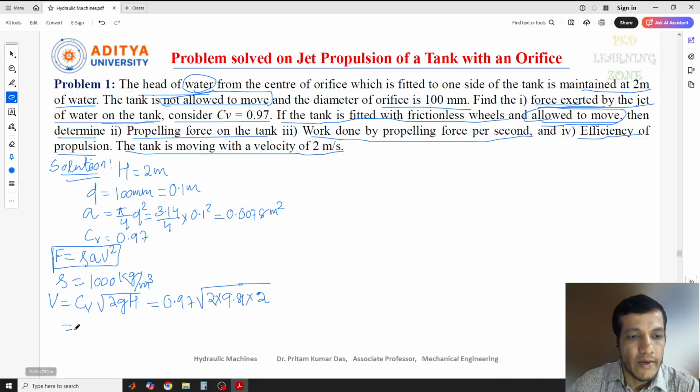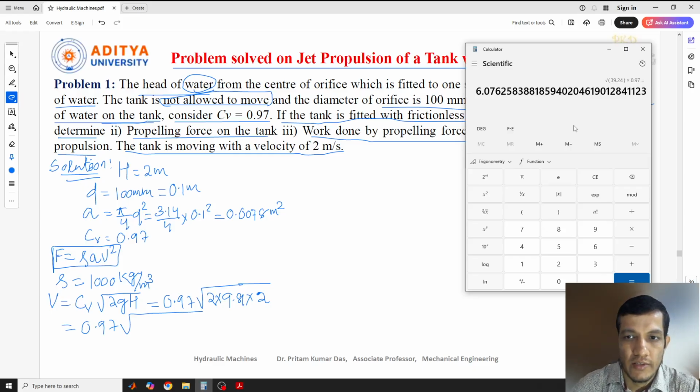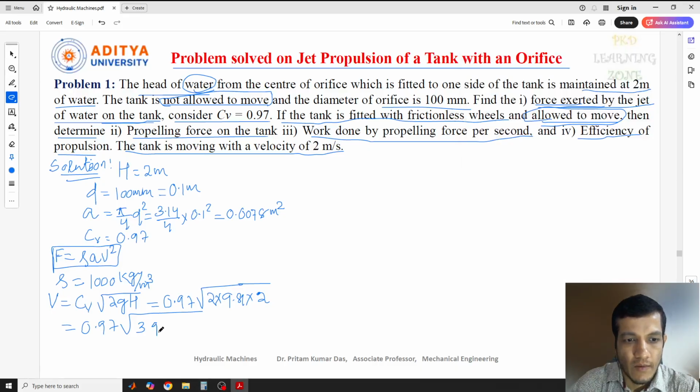Calculating, 2 into 2 is 4, and 9.81 into 4, root over of this multiplied by 0.97, gives finally v equal to 6.07 meter per second. So this is the velocity.